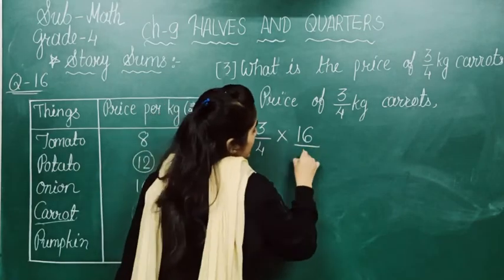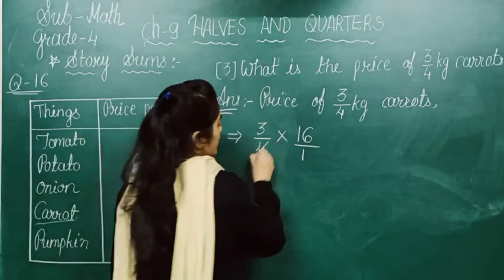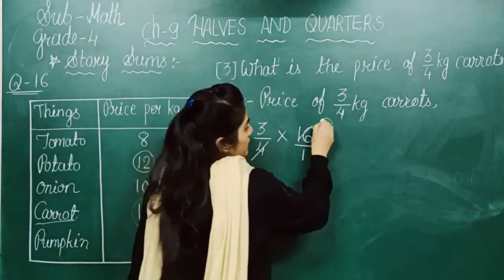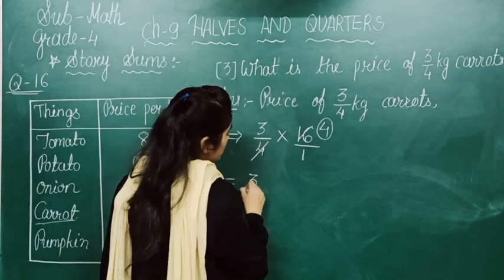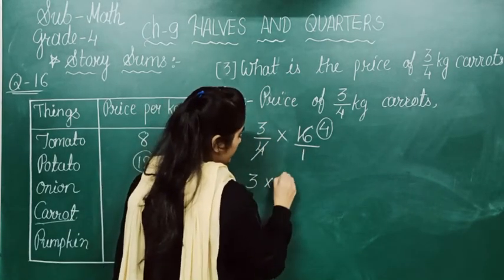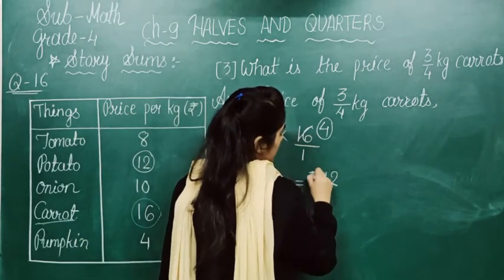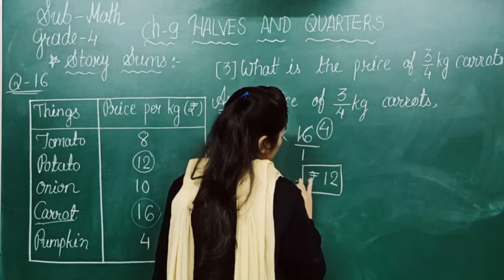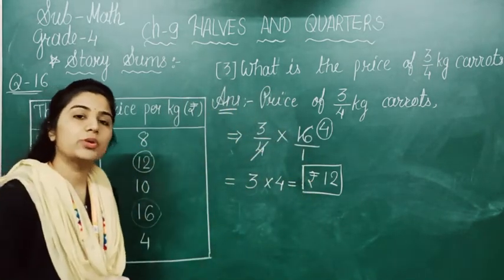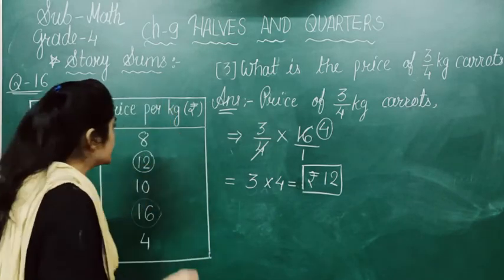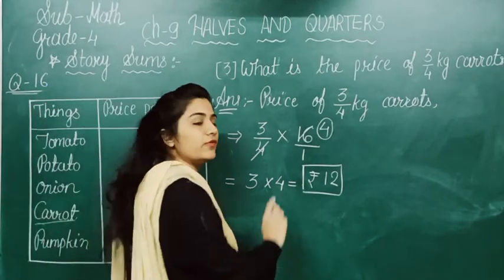Directly we can cut the 16, because in the table of 4, when 16 comes, 4 4s are 16, right? So the remaining digits are 3 multiplied by 4, that is 3 4s are 12 rupees. You have to mention the sign of rupees every time while writing the answer. Why? Because the price per kg is given in rupees.